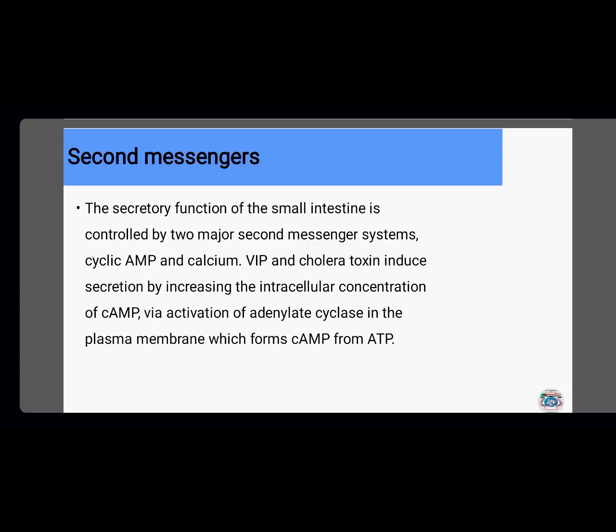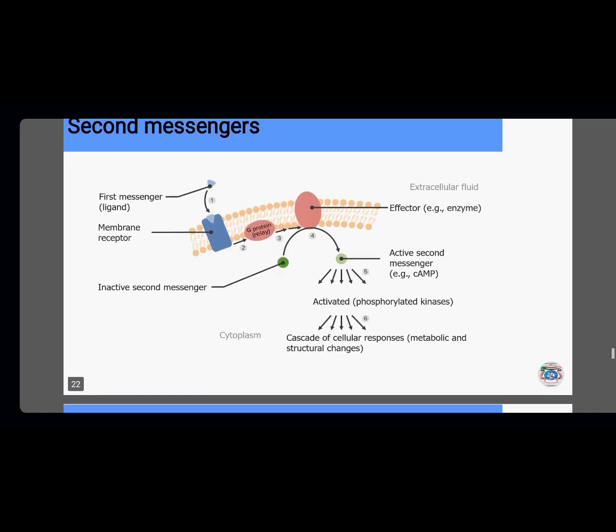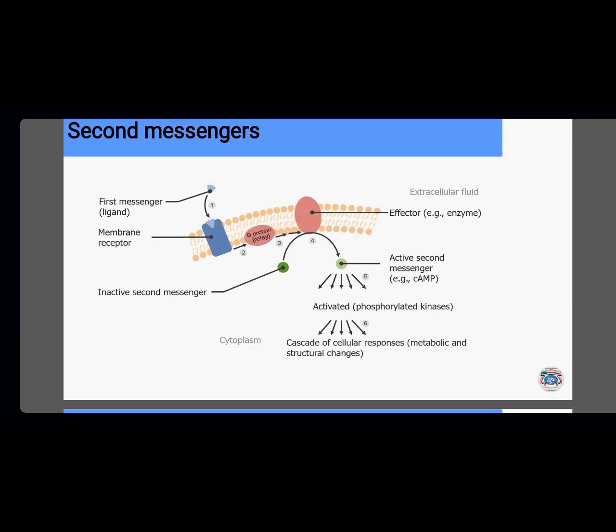And to revise how cyclic AMP facilitates or induces the action of many substances as a first messenger. As you see here, in the extracellular fluid we have a first messenger. This is the ligand, the transmembrane protein, protein relay.